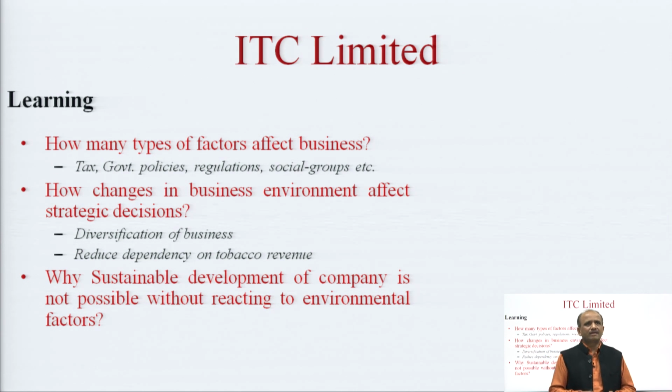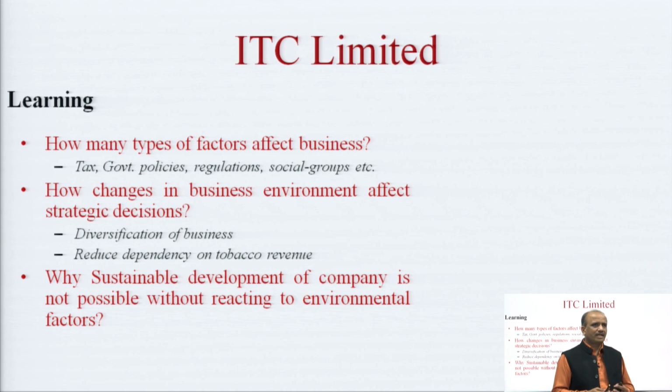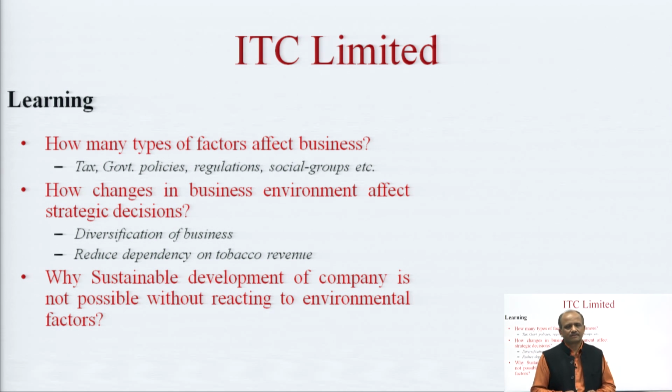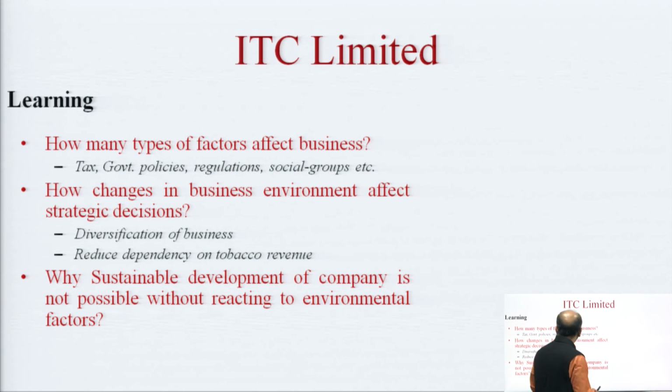Now, what can we learn out of this entire discussion? There are three things which I have highlighted here as the learning. One, how many types of factors can affect business. When we talk about business environment, it is not just a simple list of two or three factors.